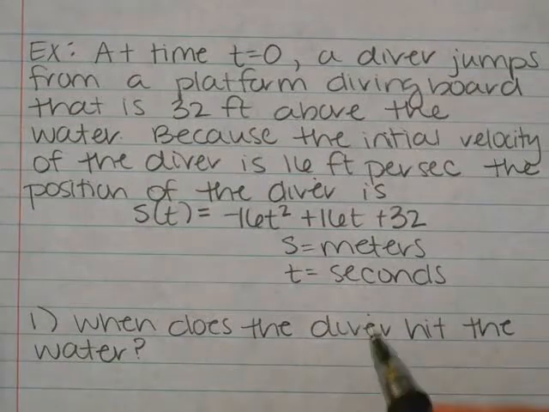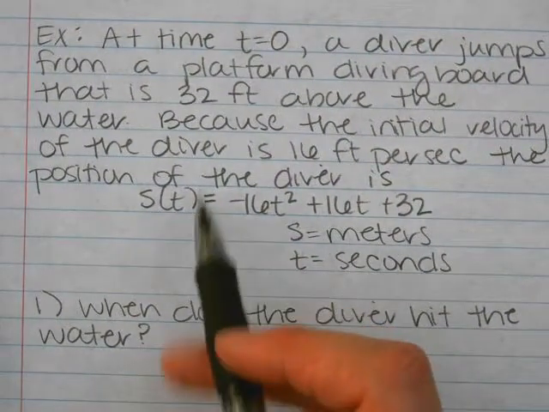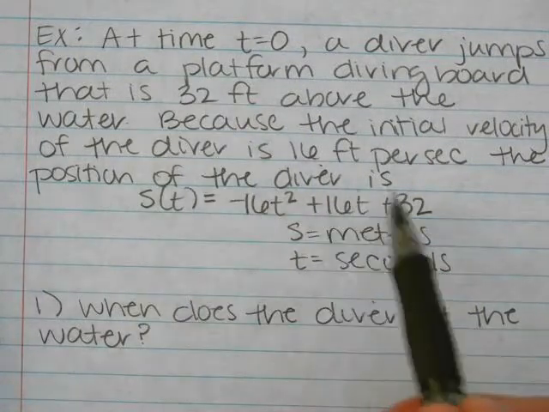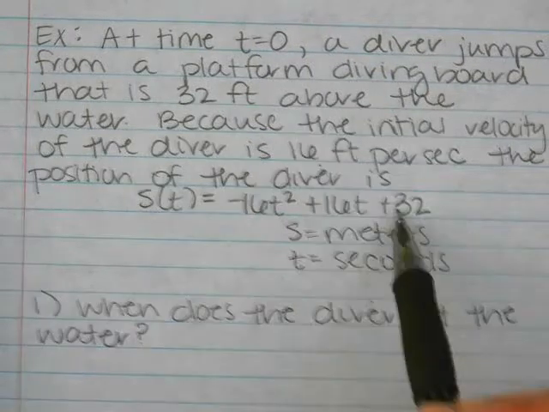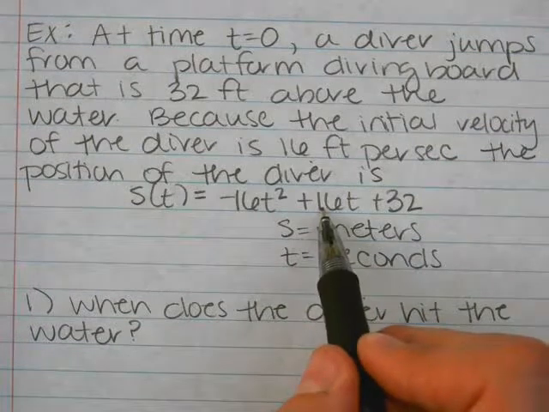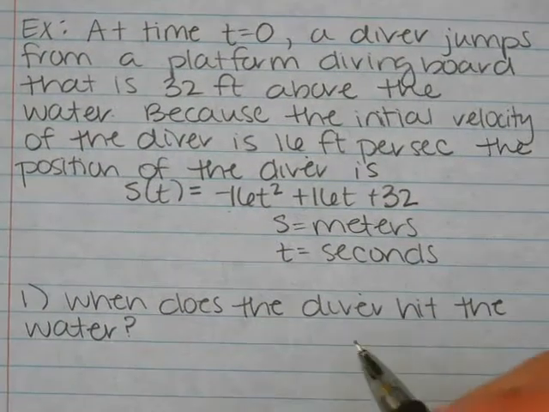All right, so S of t, it says that he's 32 feet above the water. That's what the 32 comes from. And the initial velocity is 16. That's what this 16 comes from. Does anyone know what the negative 16 in the front is? Gravity. It's gravity.